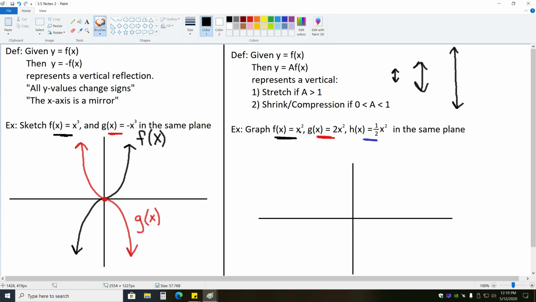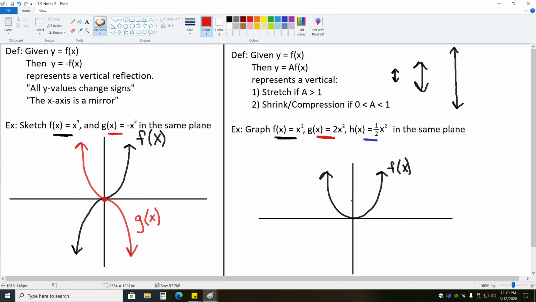To graph f of x equals x squared, we know that that's just a parabola. So it's going to look something like this. Just a U shape. And we'll go ahead and label that f of x. Now we want to graph g of x equals 2x squared.